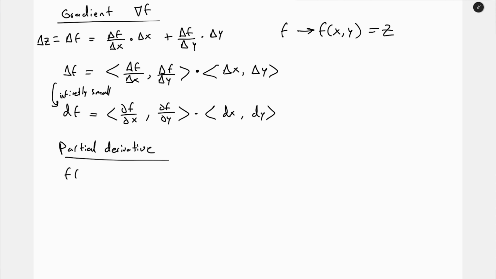So let's say we had the function we had before, f of x and y equaling x and y. Our partial derivative of x will simply say that we treat y as a constant.